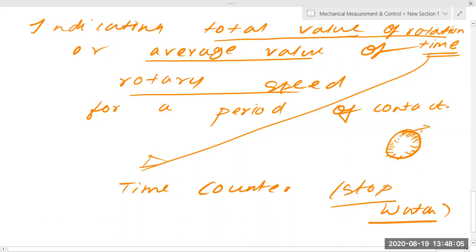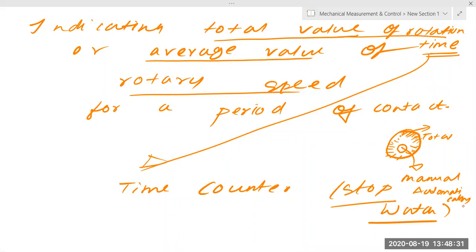It will actually count total counts. And if you have a stopwatch, you can start it manually, or it can also work automatically. Which one will be better, automatic or manual?